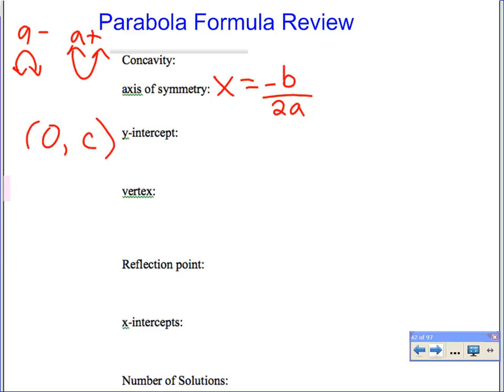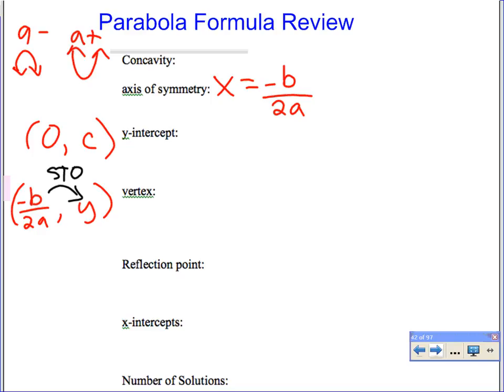Okay, y-intercept. Jake. Good. 0, comma C. Vertex. We just went over this a couple weeks ago. Amy? Good. Comma Y. This is the one. I'm going to put stow right here. You have to store the axis of symmetry to find what Y is. I don't know why, but a lot of you were storing the wrong thing. For vertex, you are storing the axis of symmetry to find what this Y is.